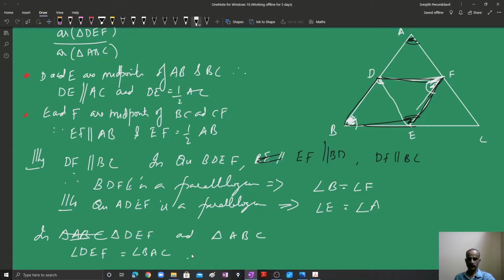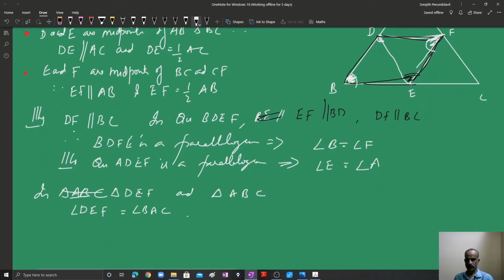Similarly, one more thing. Is there any angle? Yes. Angle ABC is equal to angle EFD. These two angles are equal. Therefore, we can conclude that triangle DEF is similar to triangle ABC.